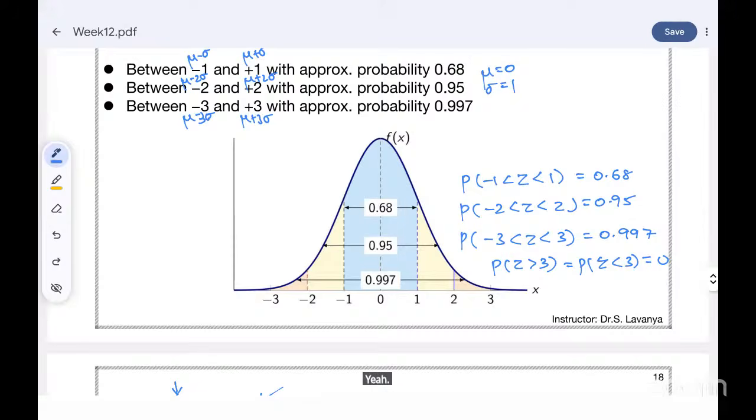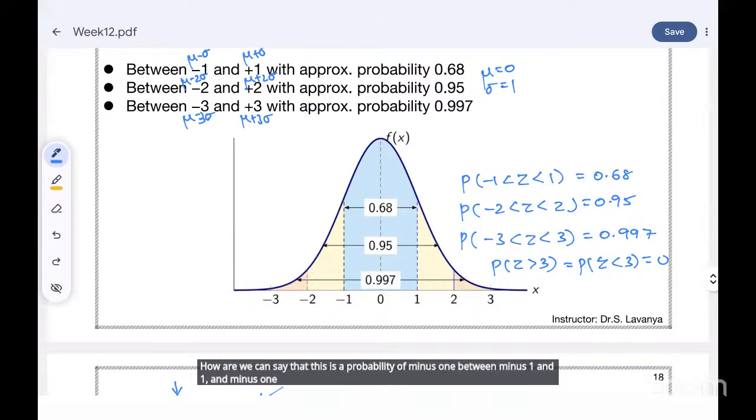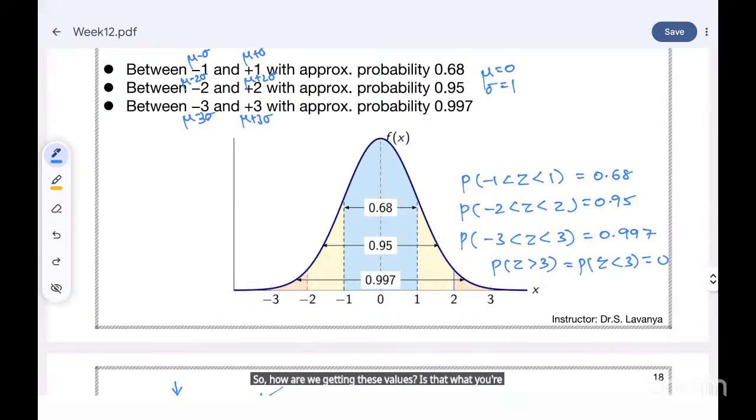How can we say that this is the probability between -1 and 1 and between -2 and 2? So how are we getting these values? By graph, how can we see that these are the probabilities?